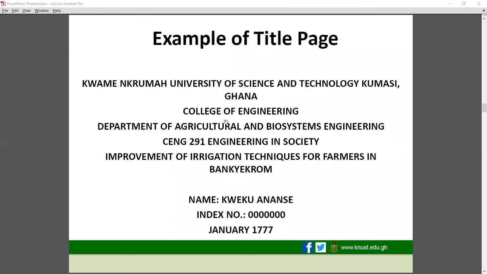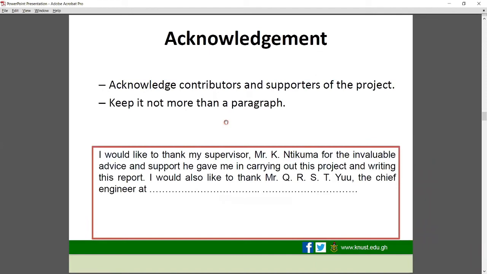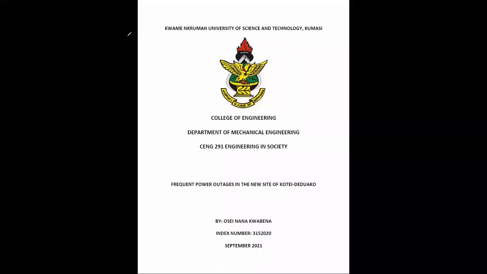So that should be all. Then you come to the acknowledgement. I'm just going to show you some sample reports and how they wrote their cover page or facing page. So this is mine, right?